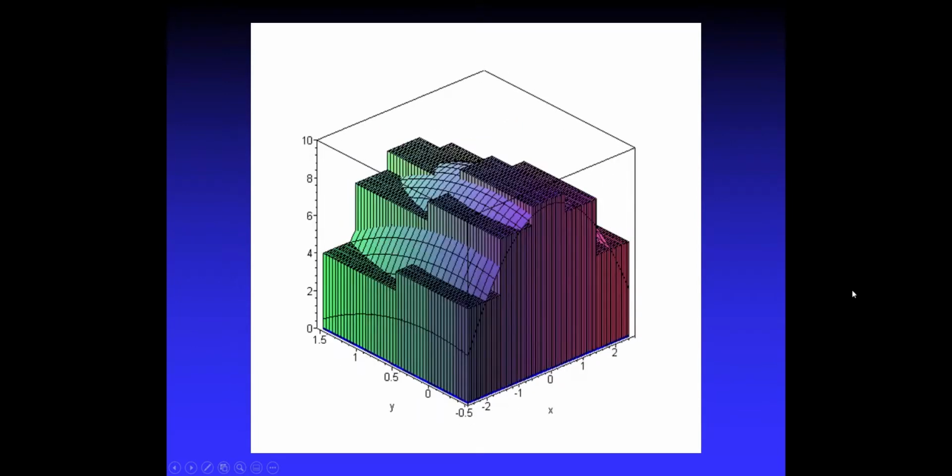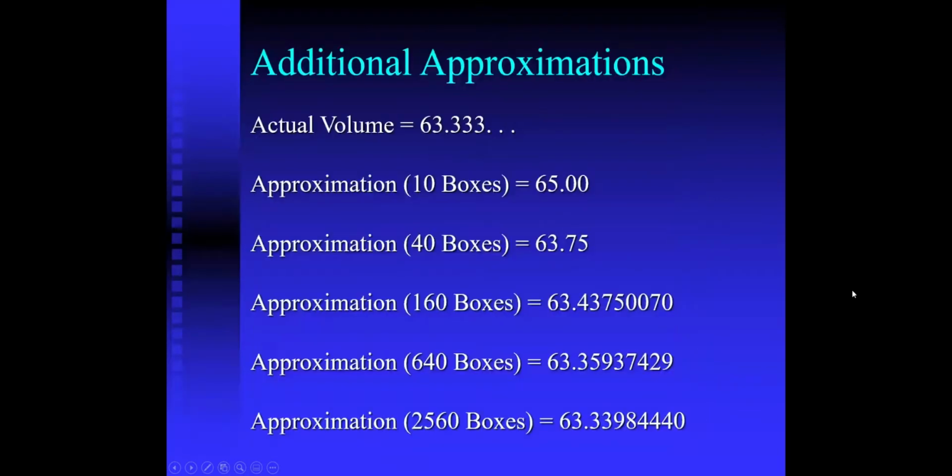You can notice that it doesn't give a very accurate picture, just 10 boxes. It actually gave you 65 for the volume instead of 63 1/3. If I had constructed 40 boxes, I'd have gotten 63.75. I actually did that and computed the volume of each of them using Maple, the computer algebra system. I just wrote a little program to do it.